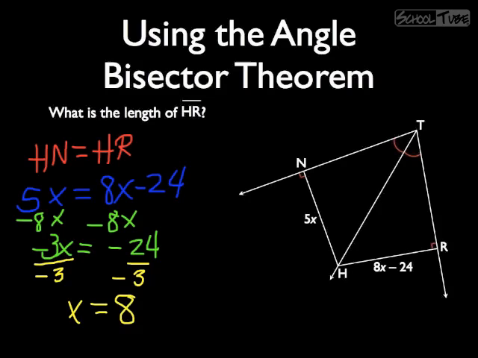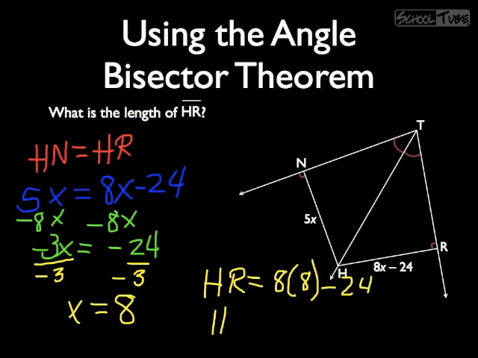But wait, we're not done, because we were asked to find the length of segment HR. So now what we're going to do is take that 8 and plug it into our expression for HR. So we have 8 times x, which was also 8, minus 24. 8 times 8 is 64. 64 minus 24 is 40.